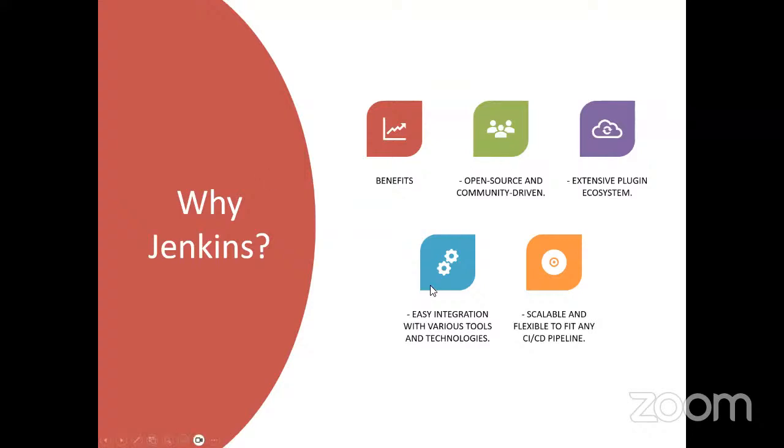Easy integrations with various tools and technologies. As I told you, you can get notifications through the Slack channel, through Teams, through emails. So it is easily integrated with any other tools. The integration part is the most beneficial for Jenkins, because if any error comes during the Jenkins process, who will notify you?